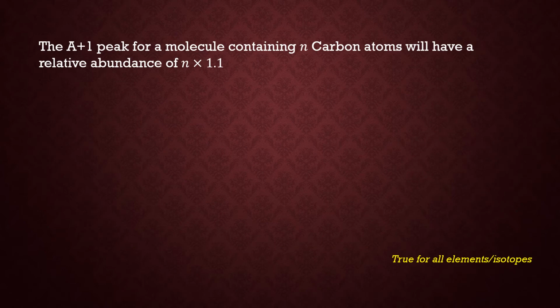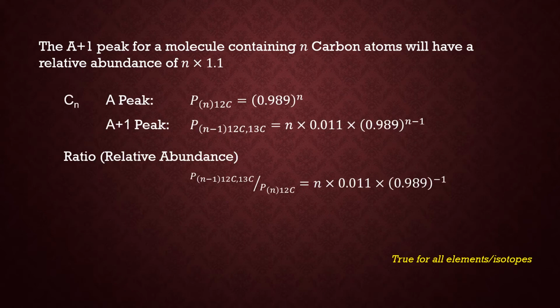So the premise is that for carbon, if I look at the A+1 peak, the number of carbon atoms in the skeleton of the molecule will give me an A+1 peak of n times 1.1. I want to prove that because this could be completely bogus or a coincidence from the last slide. So let's take an arbitrary carbon skeleton Cn.